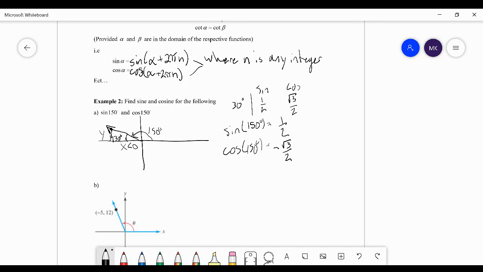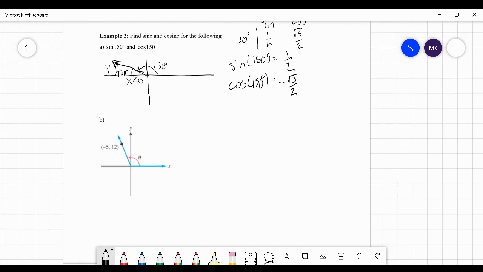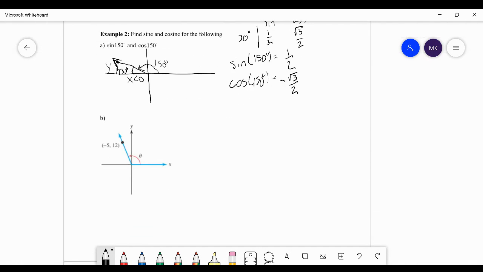Okay, let's do another example. We want to find the sine and cosine of this angle theta here. What's the first thing we have to do? We have the point (-5, 12). The first thing we need to do is find r. Using the Pythagorean theorem, r is equal to the square root of 12 squared plus negative 5 squared.